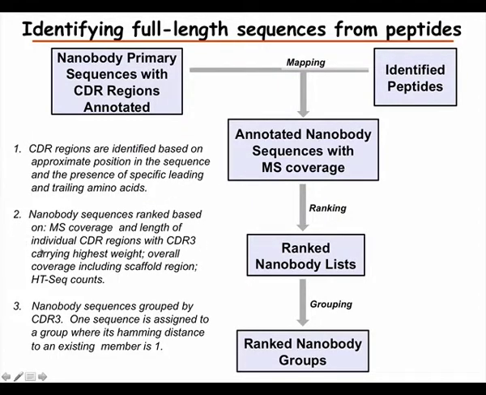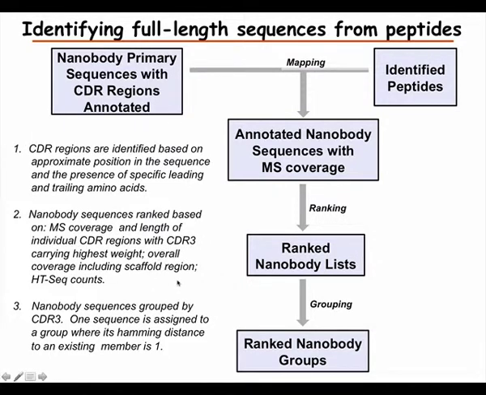So the main things that go into the score: one is, what's the coverage? What fraction of the whole sequence do we observe peptides from? Then looking at what coverage we have in the CDR regions, because those are the most variable parts of the antibody, and especially the CDR3.